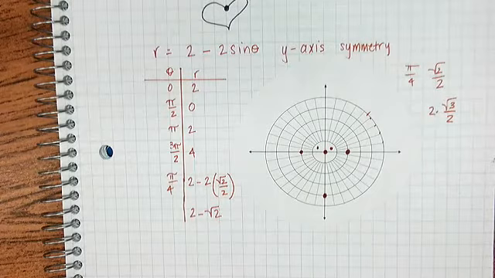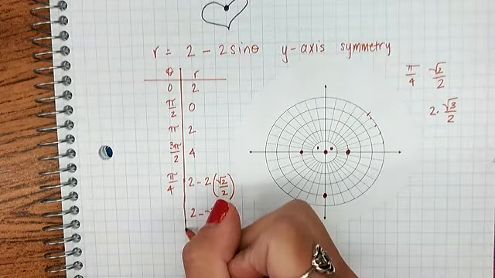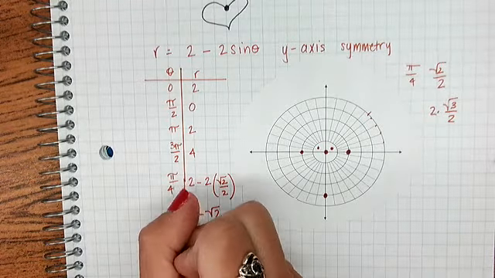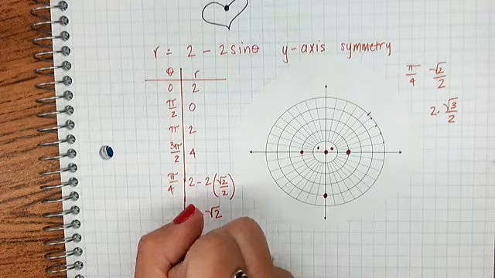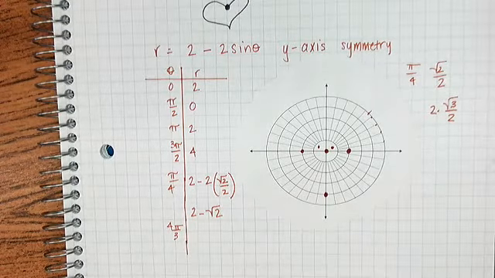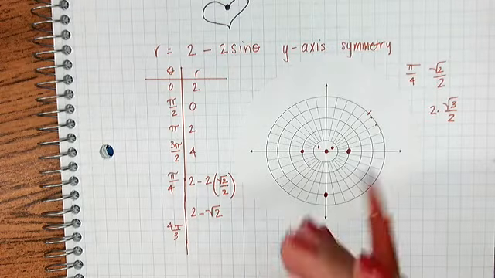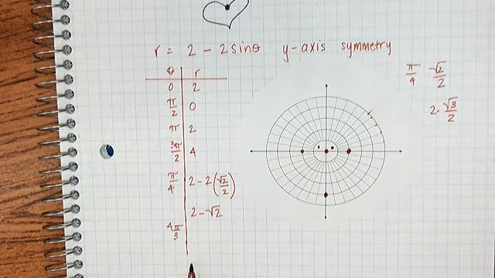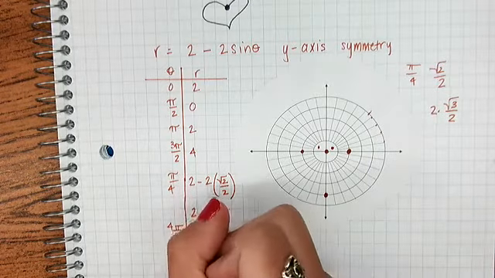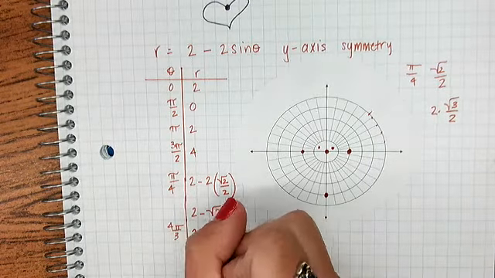So who has a sine of root 3 over 2? It would be 60 degrees, which would be 4 pi over 3. Which is then going to be the same as 5 pi over 3 because I can reflect it over. So the sine of 4 pi over 3 is negative root 3 over 2, I believe.